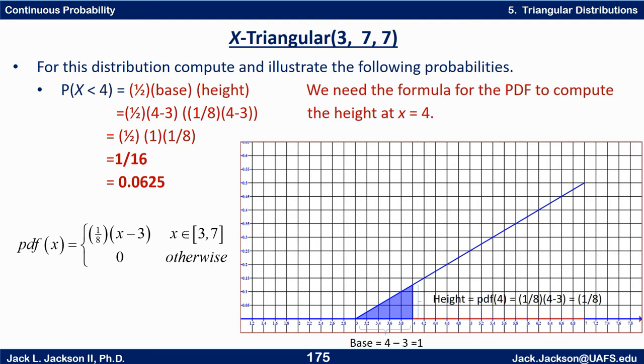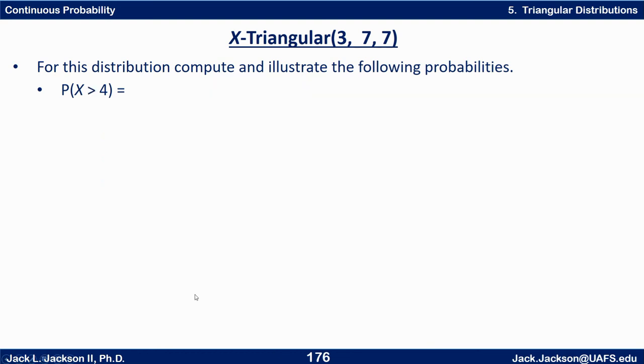So that area is 1/16 of the total area. The probability that x is less than 4 is really the same as the probability that x is between 3 and 4, because you can't have anything less than 3 that has any probability. So that is 1/16 for that probability, 6.25%.